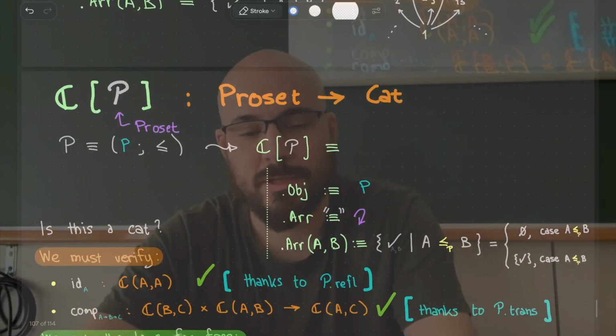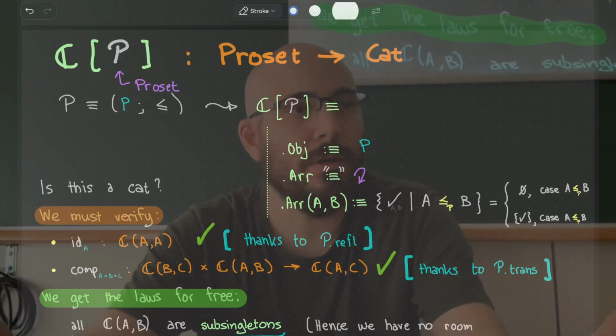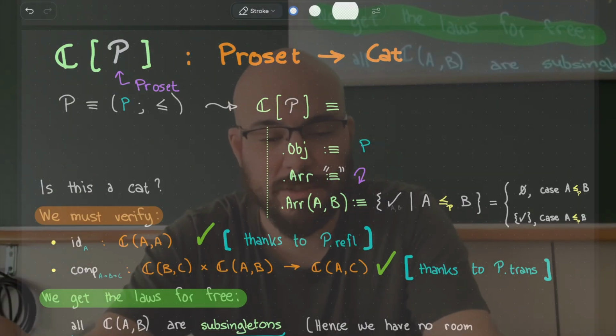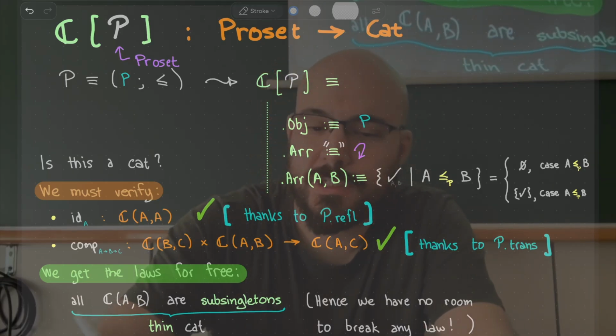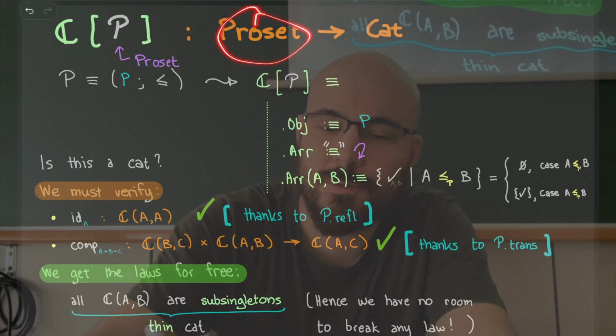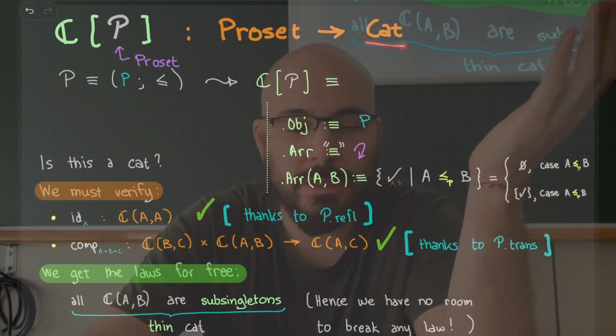We get a construction of a category out of any proset because essentially the only things we needed were reflexivity and transitivity. So this was the first neat construction that takes us from prosets to categories. Give me any proset you like, and I can look at it as if it was a category.